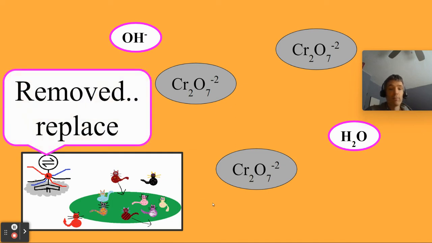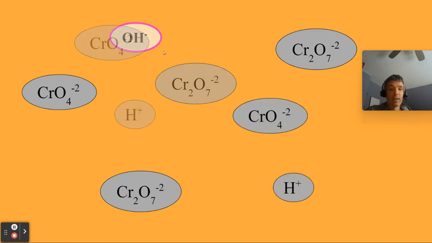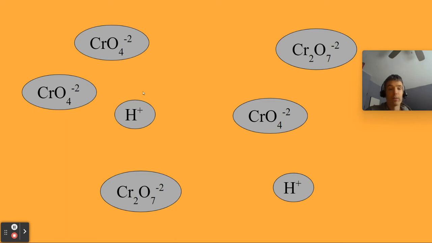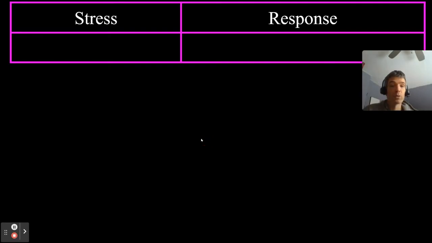So it has to make it with this, and it makes that, and then eventually I'm going to end up with more. Now this is what makes it that orange color or that yellow color. All right. Sorry. And so I am removing it by a neutralization reaction.